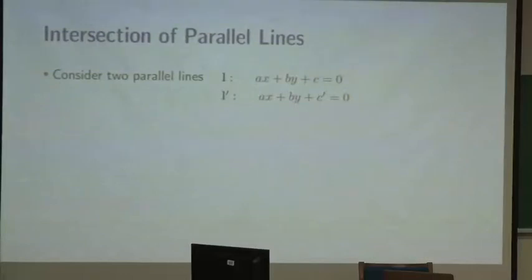Parallel lines have the same slope, they only differ in their intercept. So if L prime is parallel to L, then A and B are the same and C prime is different, in your normal mathematics. So I have one vector ABC and another vector ABC prime as two parallel lines.